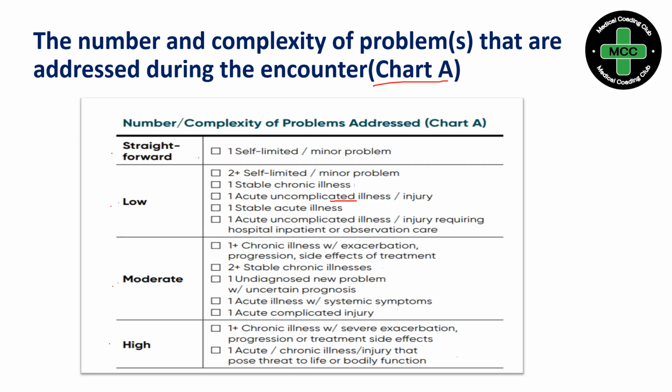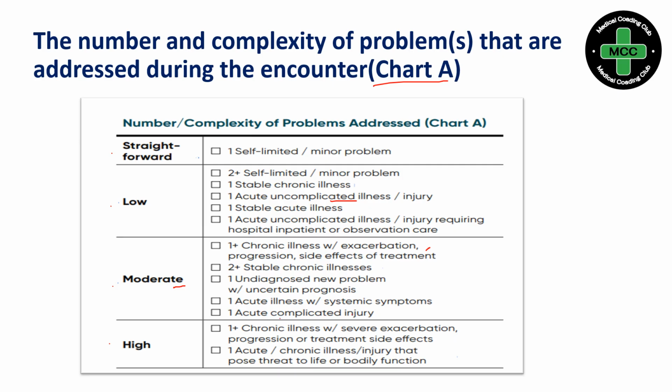And if your problem is a chronic illness with exacerbation, then it will be in the moderate level. Your problem, PDR, belongs to the moderate level. Now say for example a patient has a head injury, which is a complicated injury, so it goes to acute complicated injury.